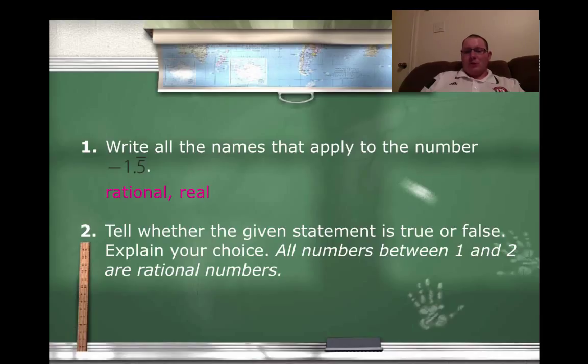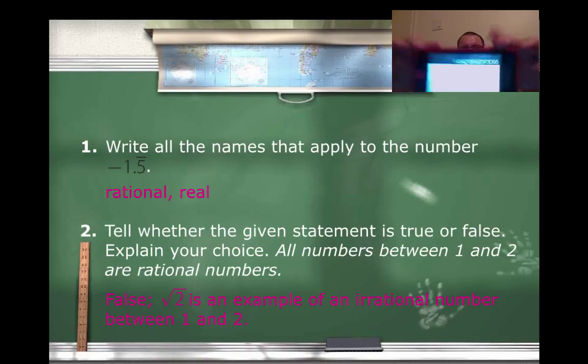Are all numbers between 1 and 2 rational numbers? The answer is false. Square root of 2 is an example of an irrational number. Square root of 2 equals, let me do it here on my calculator. 2, square root.